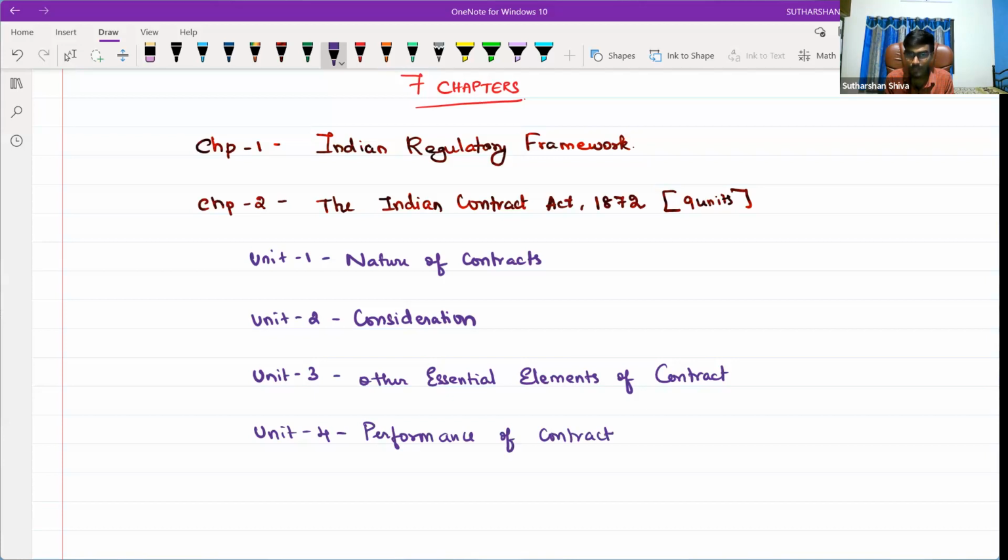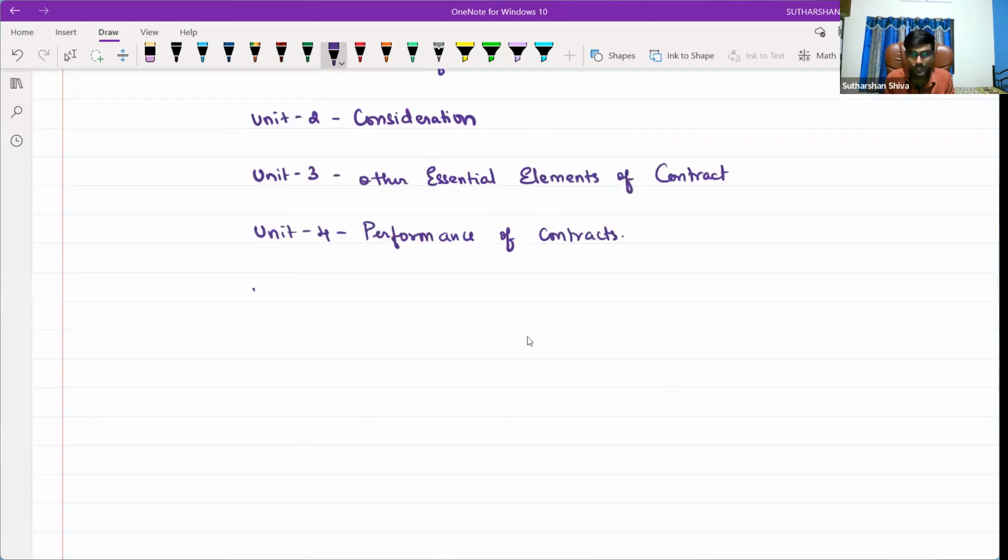How am I going to perform the contract? Then unit number 5. Your fifth unit is based on breach. What if I do not do what is said in the contract? What if I breach it? Breach of contract and its remedies.